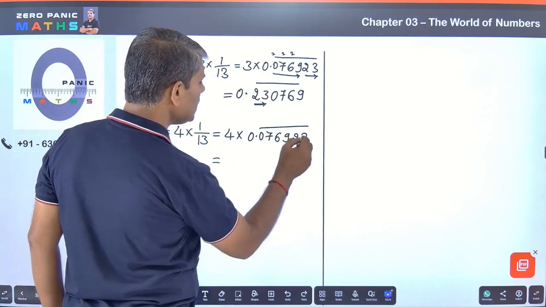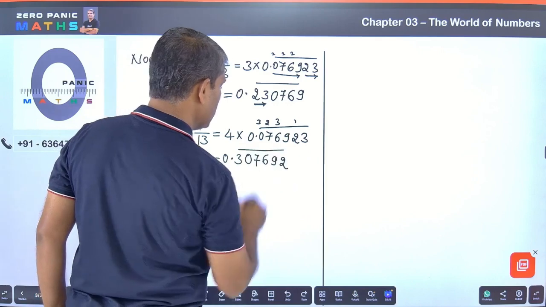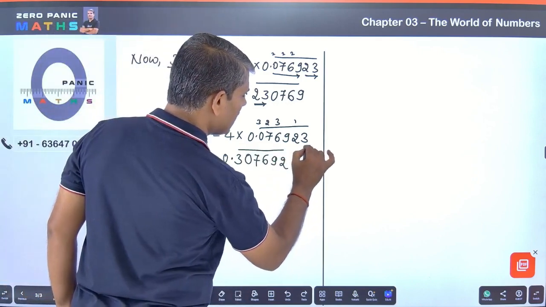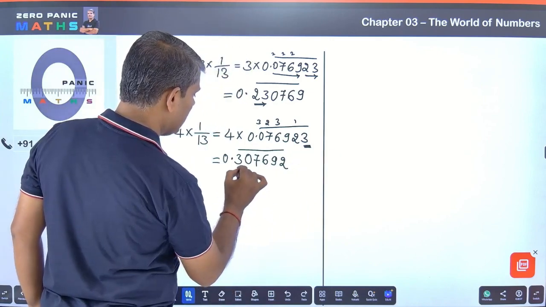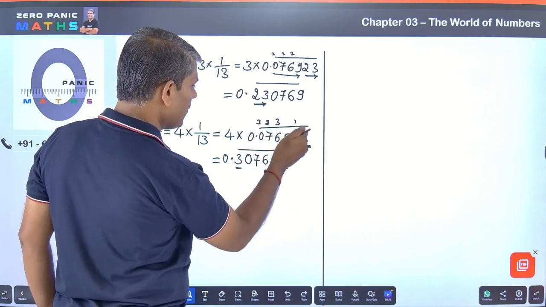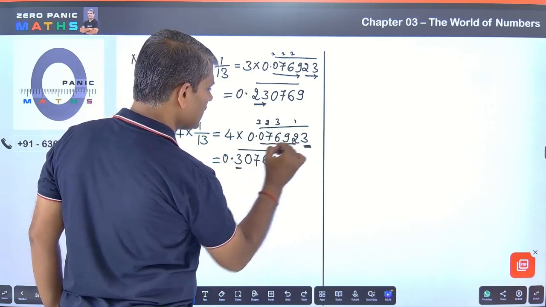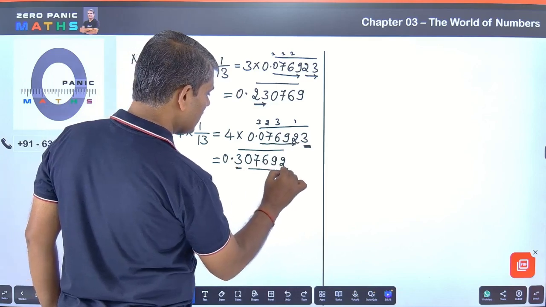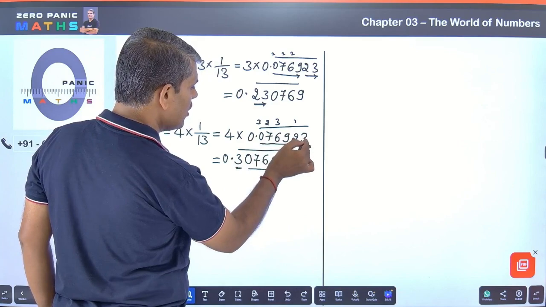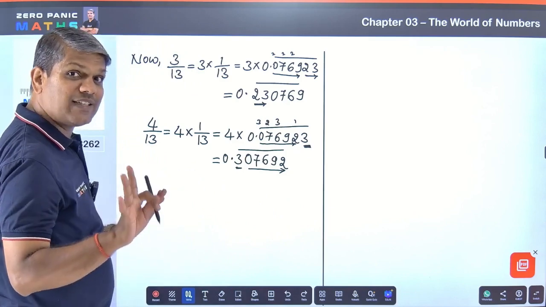Now just observe this value, 307692. You see that 3, the last digit, when you shift it to the beginning, it becomes 307. Here also these digits 07692 are getting repeated. You are just pushing this 3 to the beginning. That is what the cyclic property is.